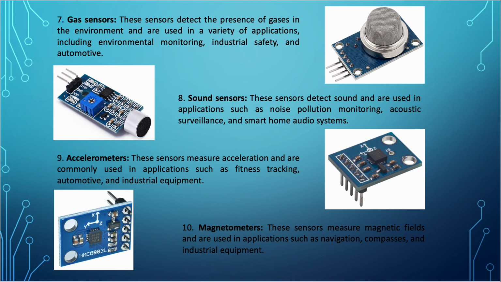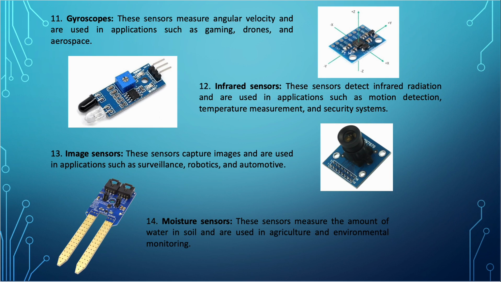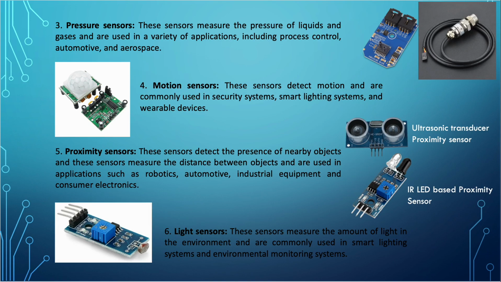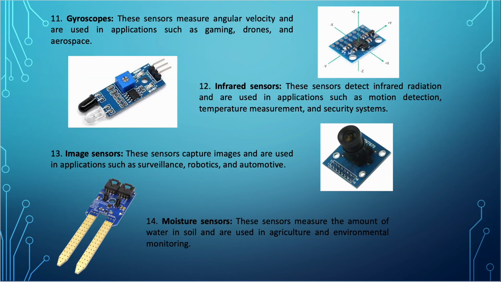We talked about gas, sound, accelerometers, magnetometers. We talked about moisture, image, infrared, which can also be used for proximity sensing. We talked about gyroscopes, and so on. We talked about the types of sensors.